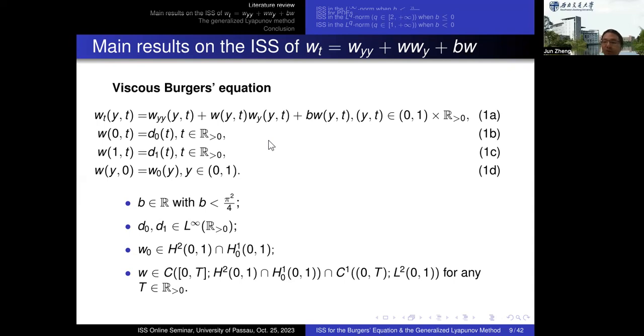So we would like to impose a condition on B first. That is to say, we assume that B is strictly less than pi squared over 4. We assume that the boundary disturbances belong to this space and the initial data belong to this space. Under these assumptions, we can prove that the system admits a unique strong solution.